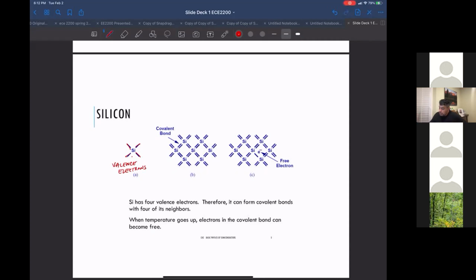So if you had a bunch of silicon atoms next to each other, they would all be connected to each other using these covalent bonds. A silicon atom has 4 covalent bonds, which means it can connect to another 4 silicon atoms around it, in what you'd call a crystal lattice.